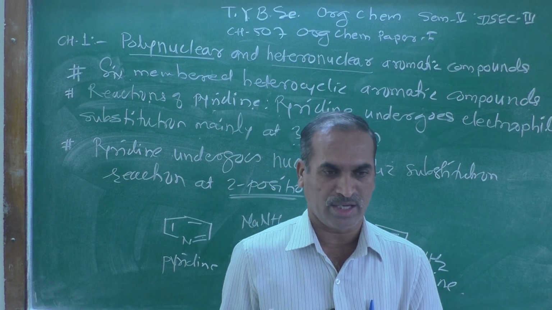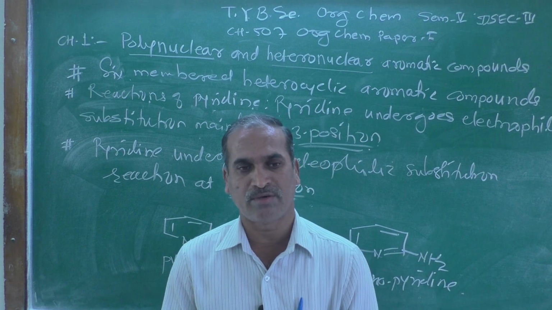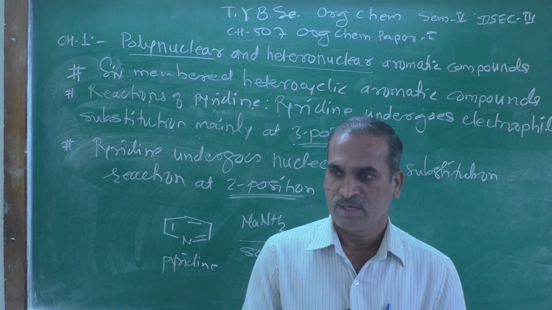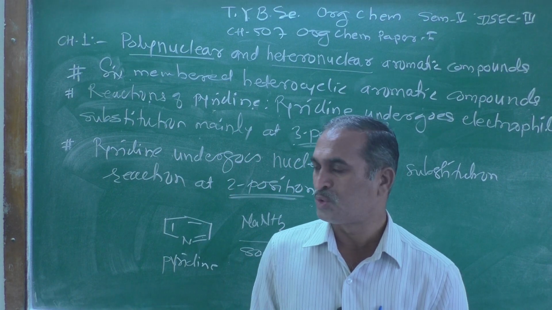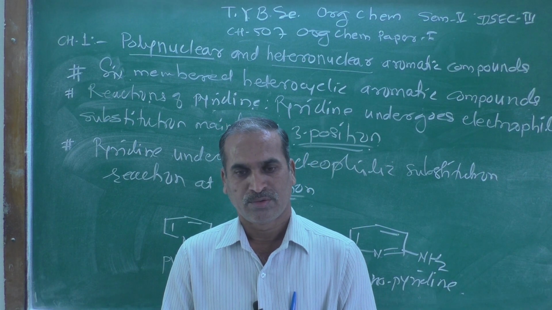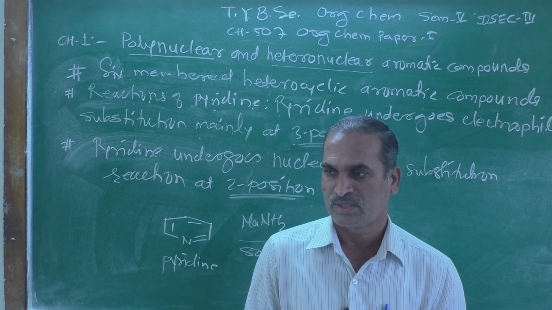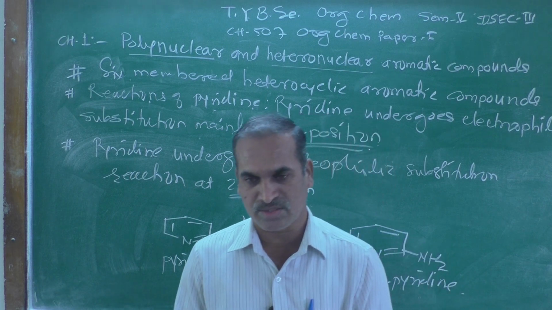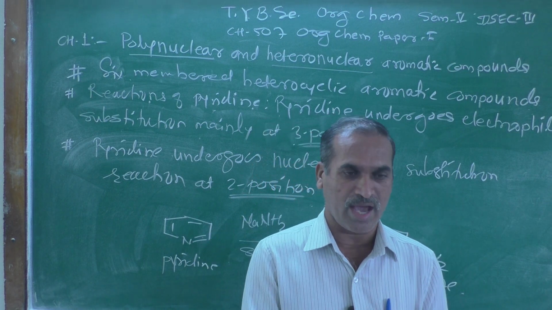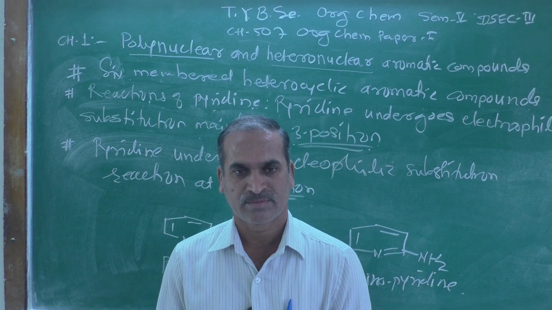Poly means many, nuclear means cyclic compound. Generally we have studied naphthalene and anthracene. What are the methods for the preparation of naphthalene as well as anthracene, along with the different reactions shown by naphthalene and anthracene, that also we have discussed.